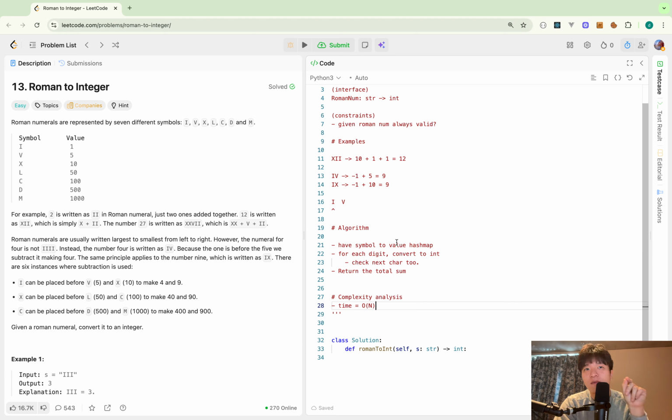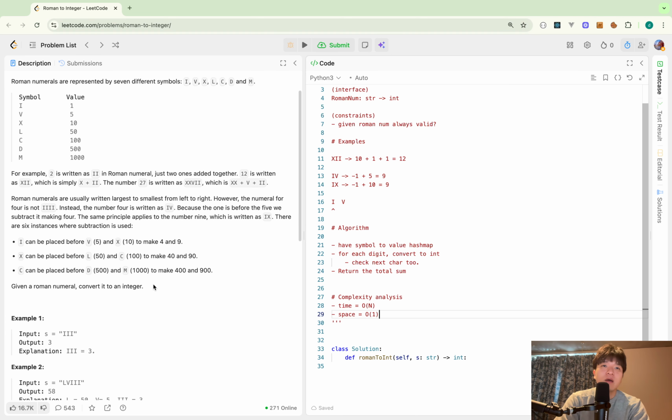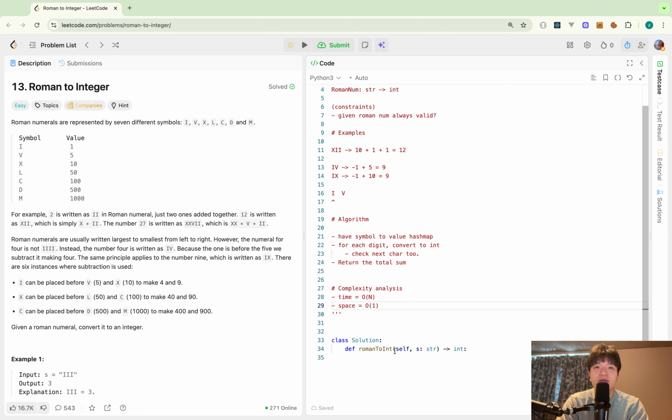I take a look at the exact index and also the next index, two indices only for each. For space complexity, I need a hash map, which will take constant space, and in the traversal I don't need any non-constant space data structure. So it should be O of 1. Okay, good. Now let me implement the solution.